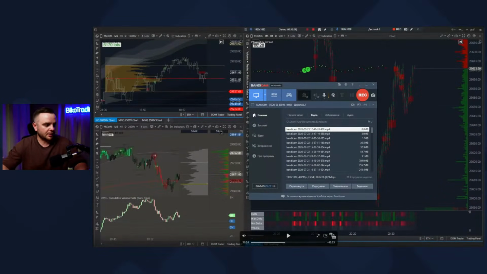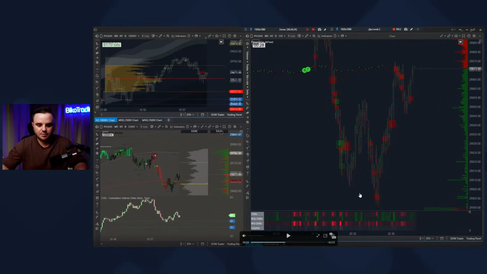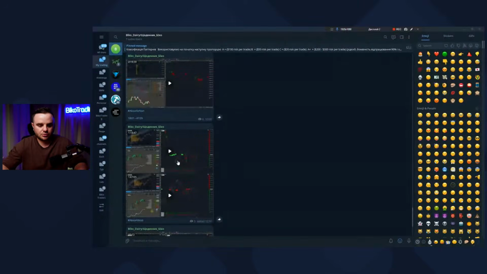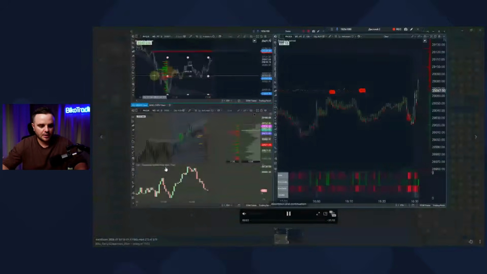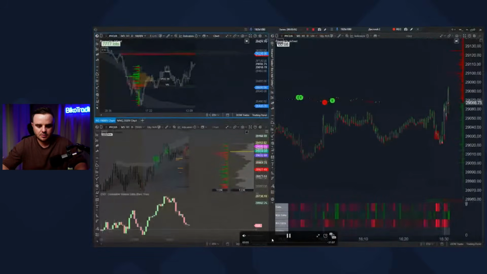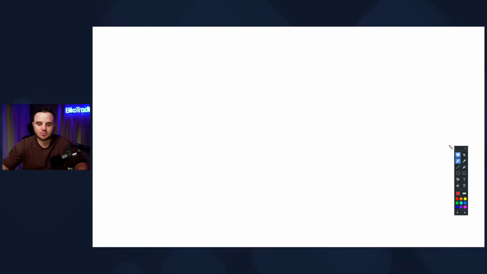Let's come back to absorption and cover a few more examples for you to understand absorption even better. You need to understand regarding absorption that the most important, as I told you, is to understand market structure, because sometimes you will make mistakes between absorption and initiation, because sometimes a lot of delta will start a trend.